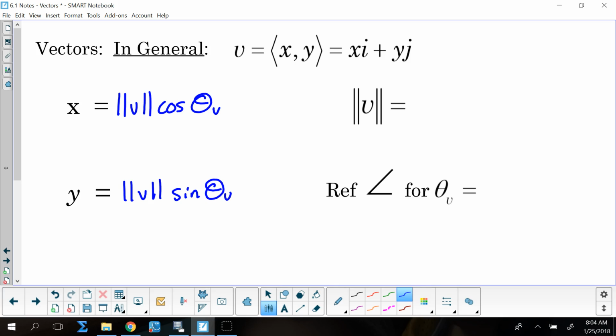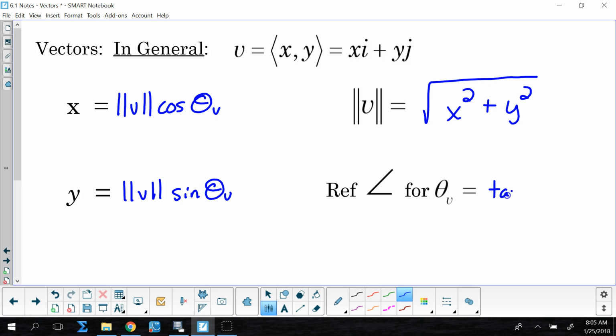Magnitude, we said yesterday, was the length of the vector. It also represents the force behind that vector. And we defined it using the Pythagorean theorem as the square root of x squared plus y squared. And our reference angle for theta, or our direction angle, I should say, was the inverse tangent of y over x.